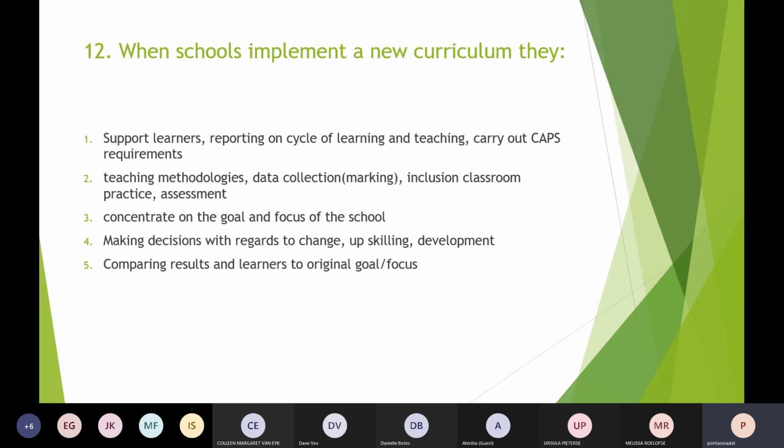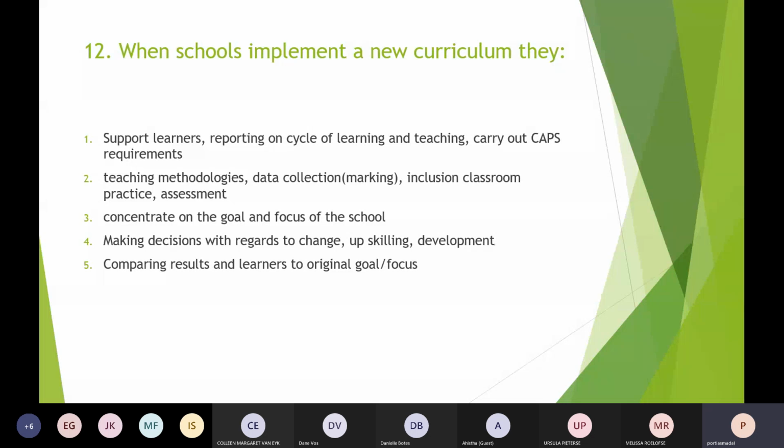And then number 3, concentrate on the goal and focus of the school. That normally has to do with the goal or the focus that the school have in mind when they develop the curriculum. Remember, the school's goal will focus on the school mainly. The teacher's goal is to focus on the lesson of the class and to focus on the learners in the classroom.